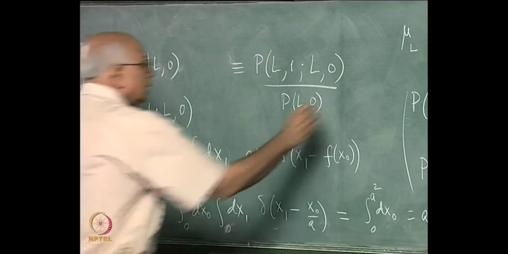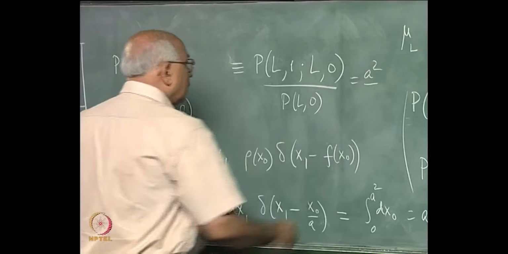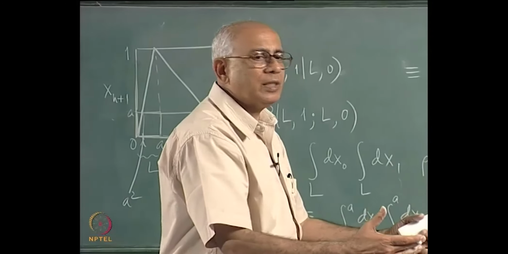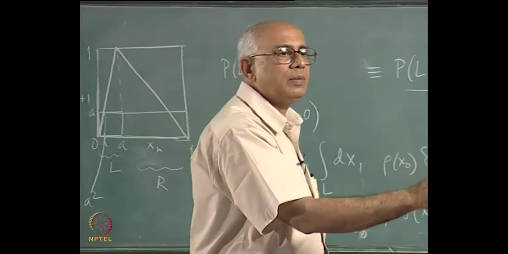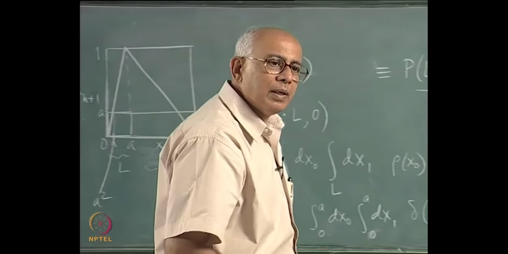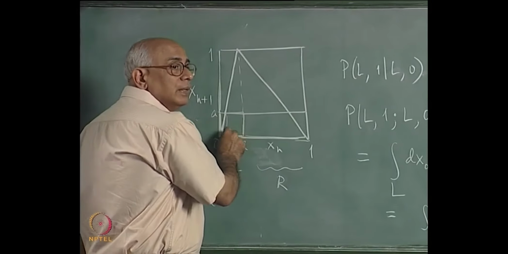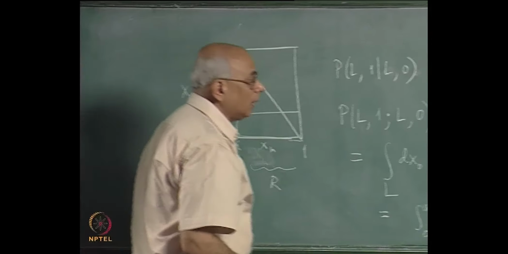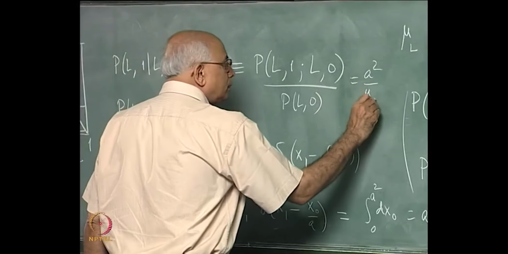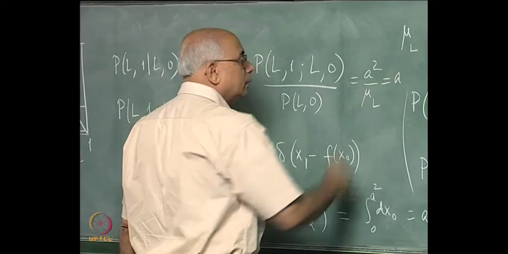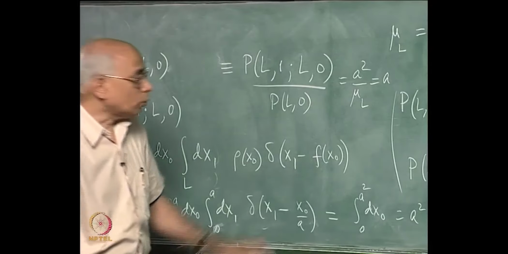But that is equal to a squared divided by, what is P of L0? Yeah, it is the invariant measure, because it says what is the actual stationary probability of being in L. I close my eyes and put my finger on this interval, and what is the probability I am here or there, and it is just mu of L, which is equal to a. So we have an a here.